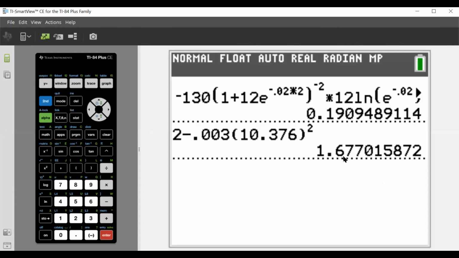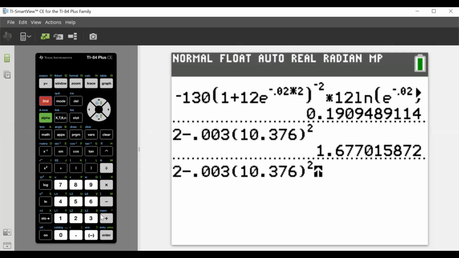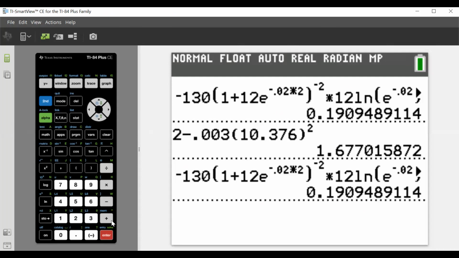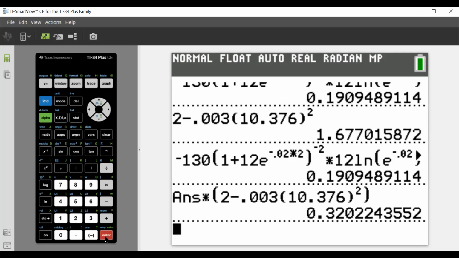now technically I should use both of those. So what I'm going to do is go back here to the larger one, and then I have that, and then I'm going to take that times 2 minus 0.003 times 10.376, and that's going to be squared, and then in parentheses, and hopefully with those two numbers together, I'll get the correct answer.